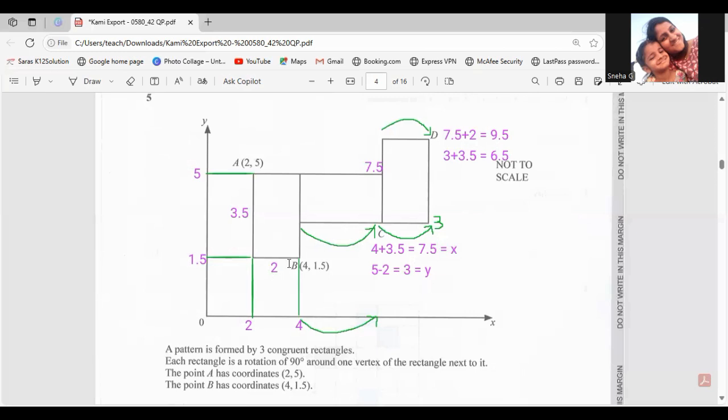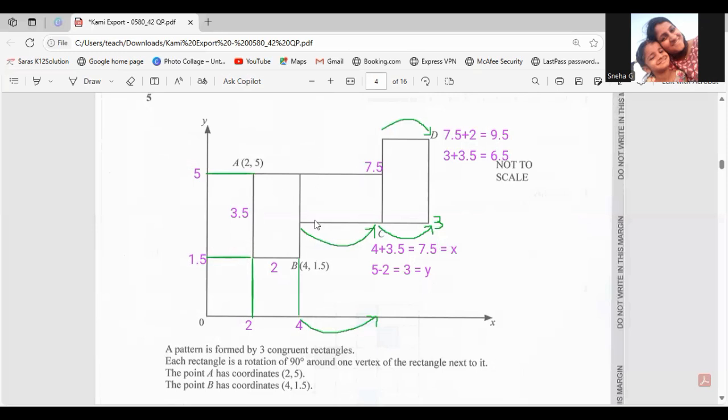That's why the length of this rectangle is 2. The width will be the difference in the y coordinates, that is 5 minus 1.5, which gives 3.5. So the length is 2 and the width is 3.5.